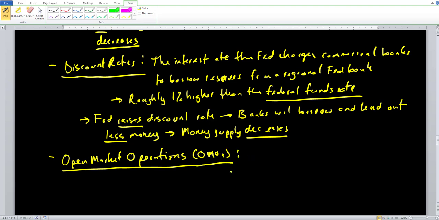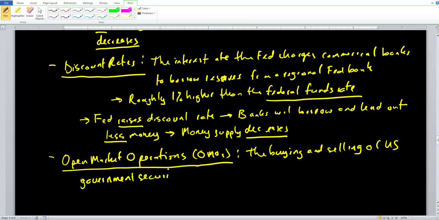And this is the buying and selling of U.S. government securities, i.e. bonds, government bonds, to adjust reserves in the banking system.